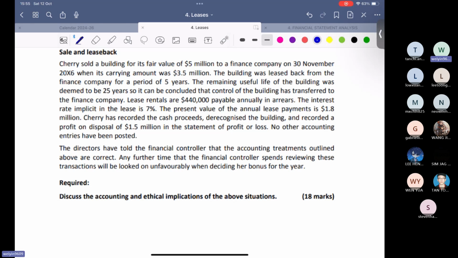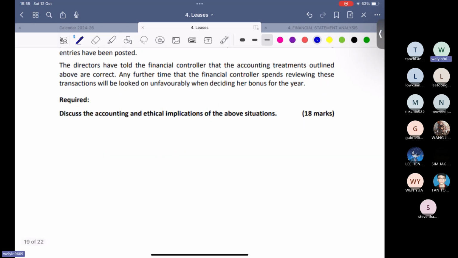Okay, since you managed to get step 1, step 2, so I put it here: debit cash 5 million, debit ROU asset, as you calculated, 1.26 million.